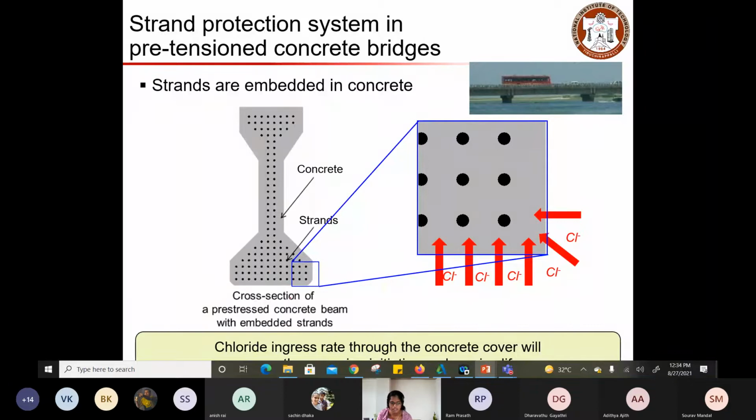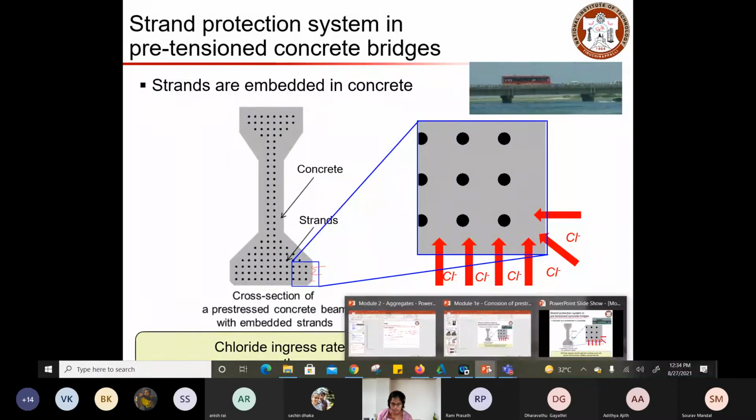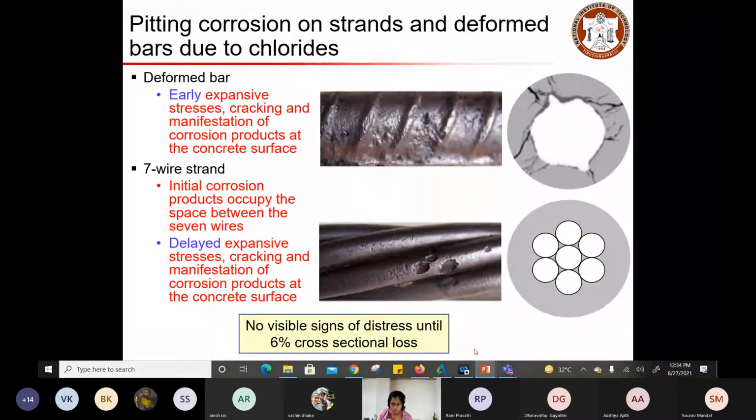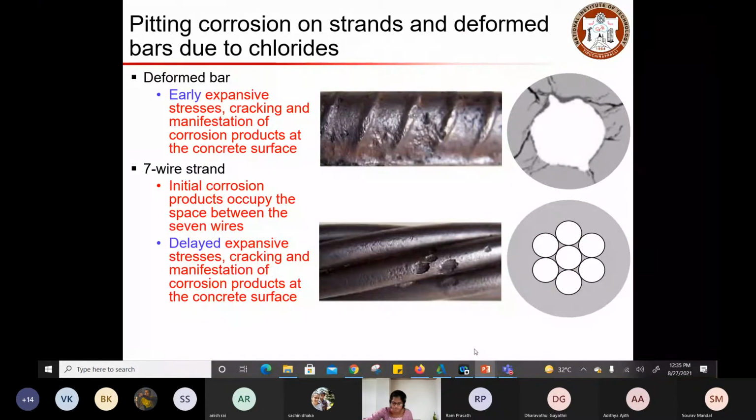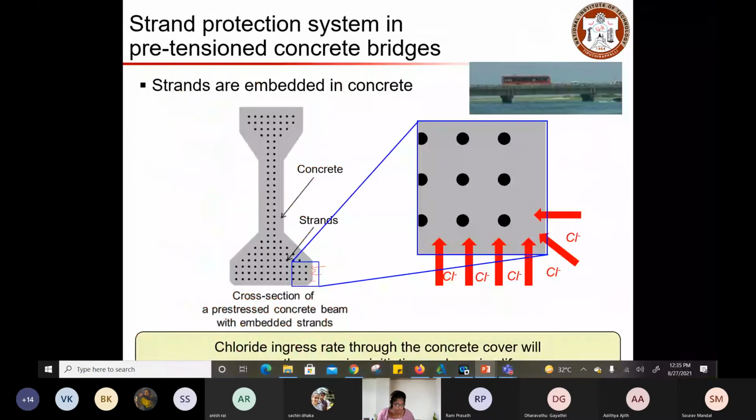The strands near the cover crack are very sensitive, because through this region your strands will be exposed to aggressive environments like chlorides. Chlorides can enter your concrete through the cover crack. So the chloride ingress through the concrete cover has to be controlled to protect your strands.